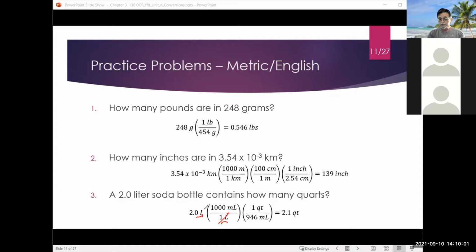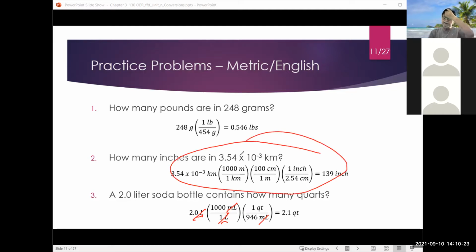So I use this to give me milliliters, and then finally milliliters into quarts. Now, if the problem asks you to show your work, then this is what we're talking about, using these conversion factors. But if it doesn't say show your work, you can combine all your conversion factors into one to get your answer.